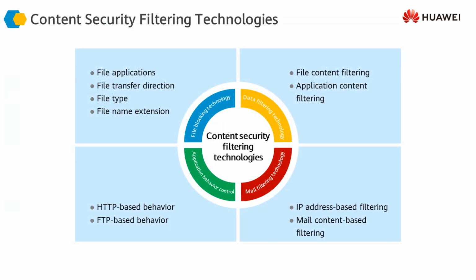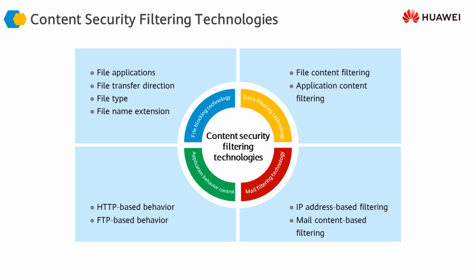If we look at the different technologies available under the broad umbrella of content security filtering technologies, the major ones are the file blocking technology, the data filtering technology, the mail filtering technology, and the application behavior control technology.